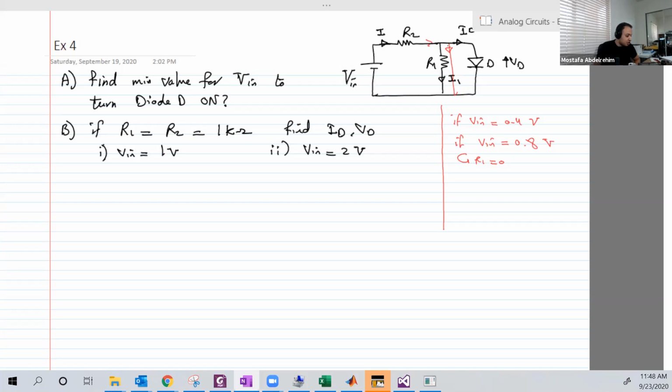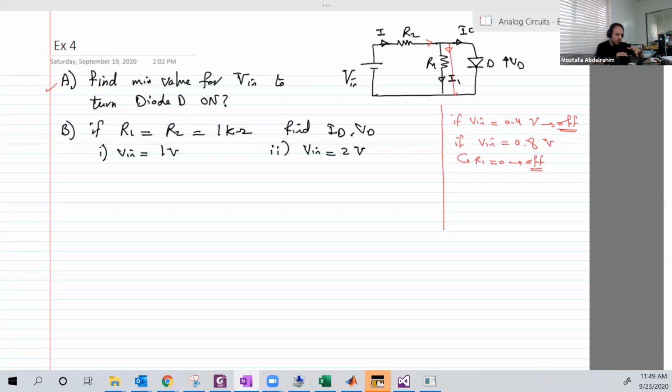So here the diode is off. It's also off here. So we are expecting now that, as in part A, which says to find the minimum input that will turn the diode on.